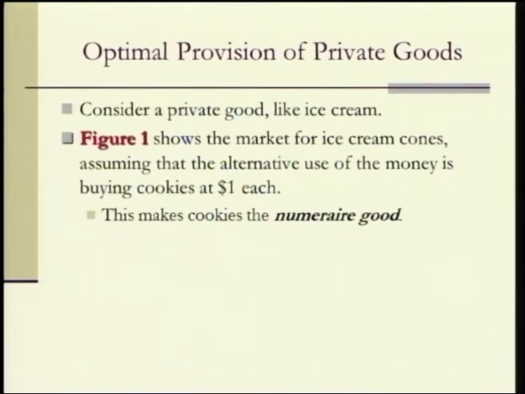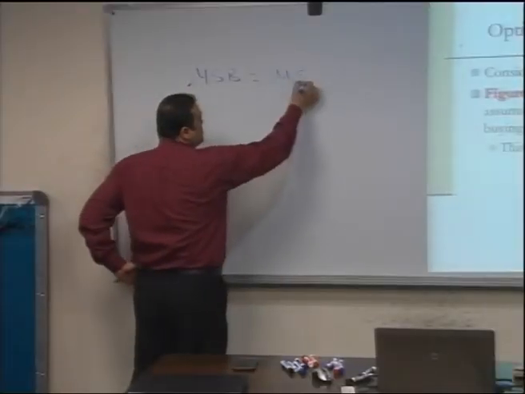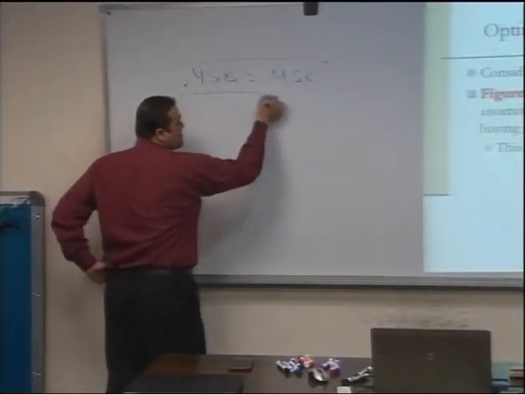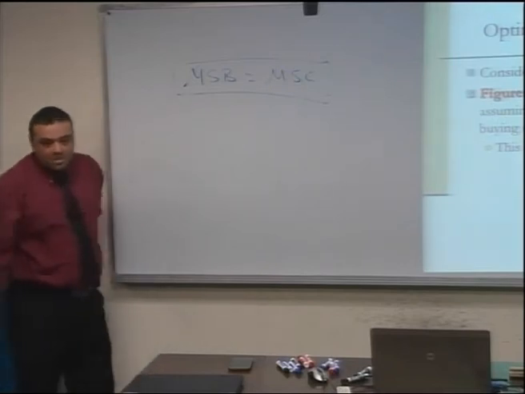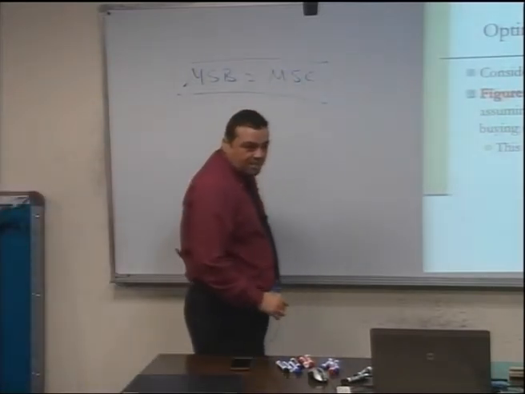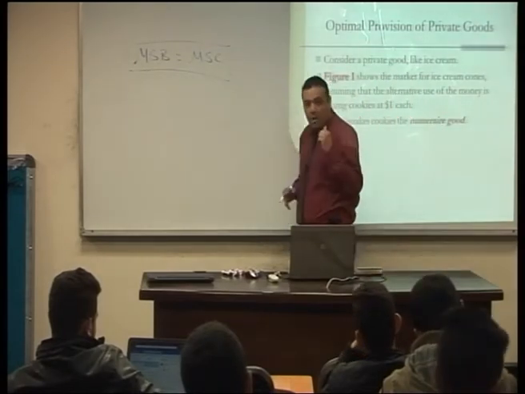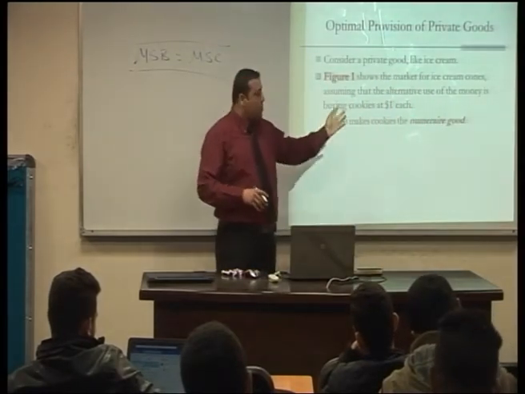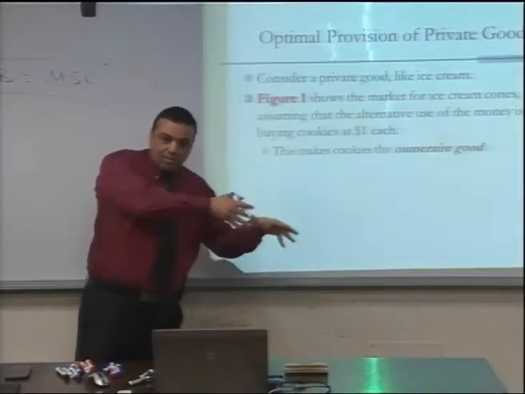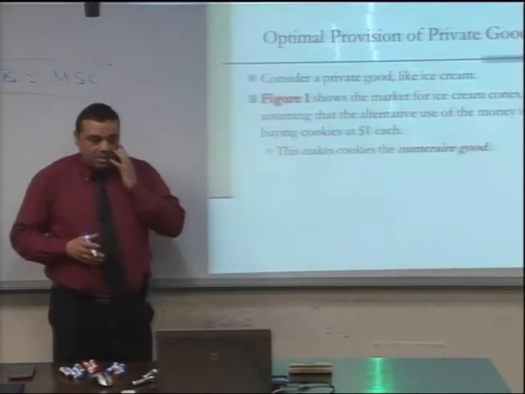In general, we mentioned that the public equilibrium or efficiency occurs when the marginal social benefits equal the marginal social cost. This is for the public goods, or the optimality for the public goods. Okay? I will come back to the private goods, and then we will go to the public.